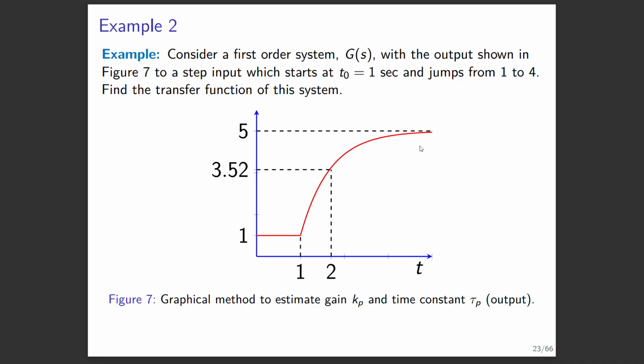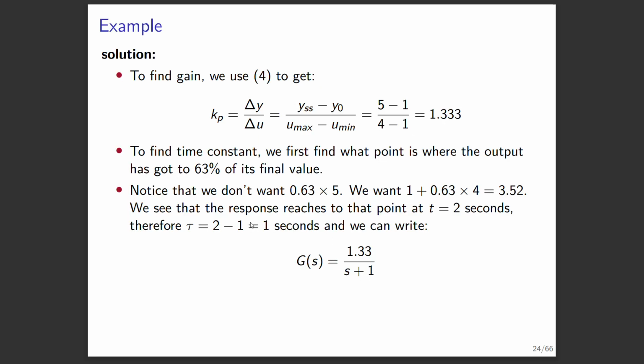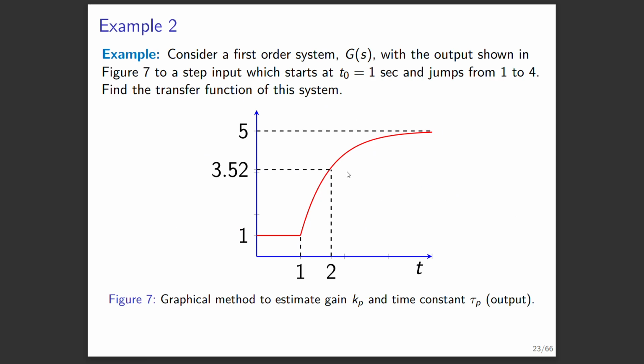Well, the input's magnitude is 3, and as you see, the output has jumped from 1 to 5. So 4 here. What is the gain? It is 4 divided by 3 or 1.33. Now, again, if I want to find 63% of final value, I shouldn't multiply 63% with 5.